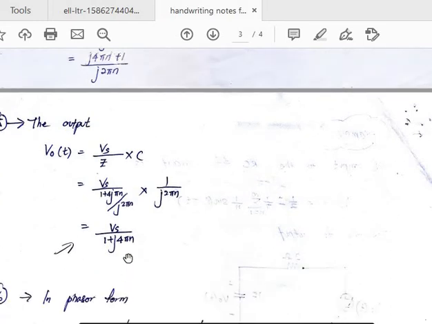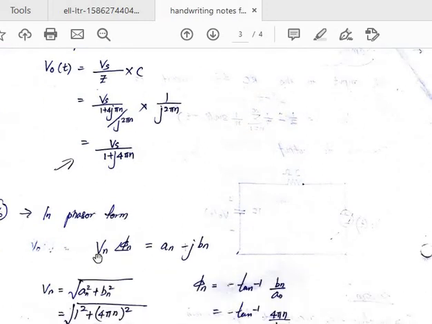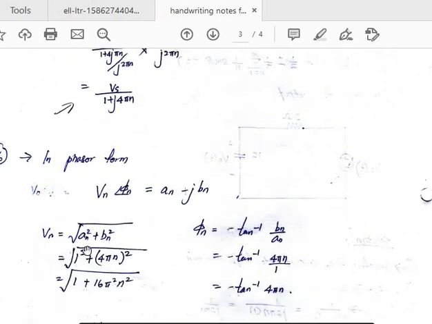Then what about the phasor form? Vn with phase theta n is An minus j Bn. So what is Vn? Vn is the square root of An squared plus Bn squared.